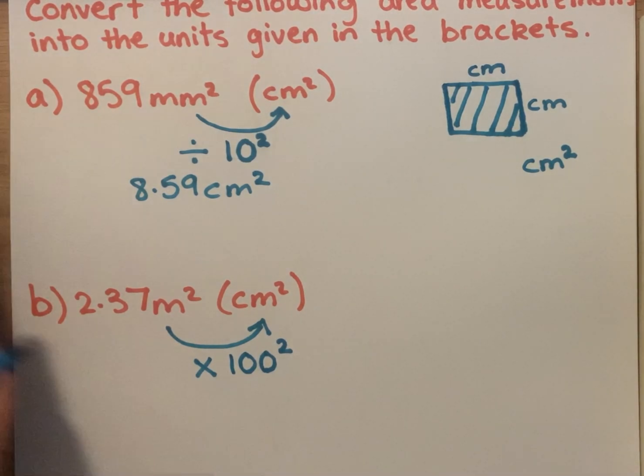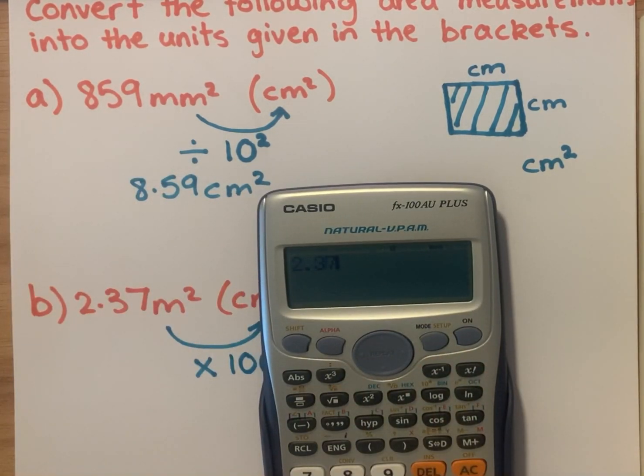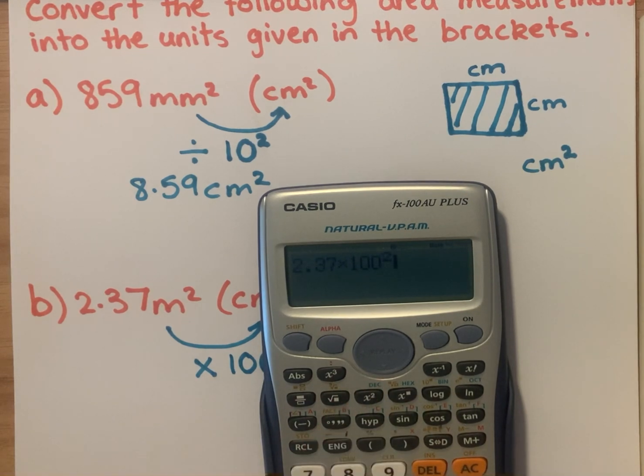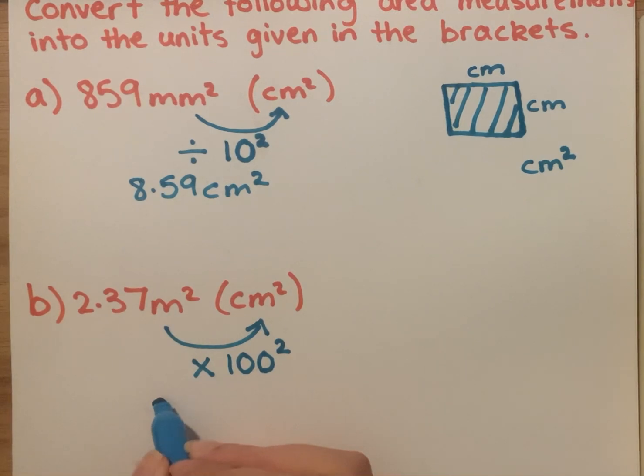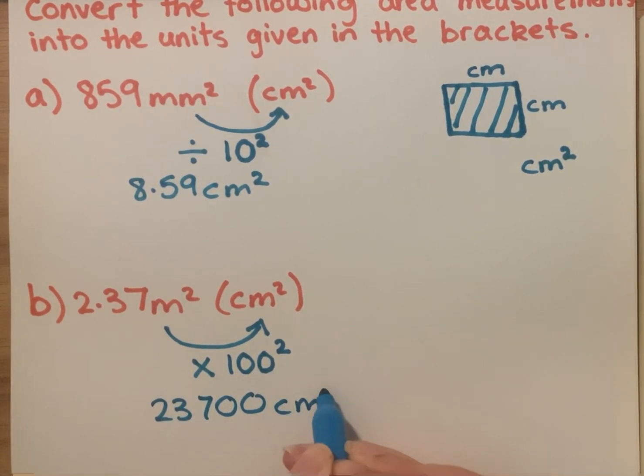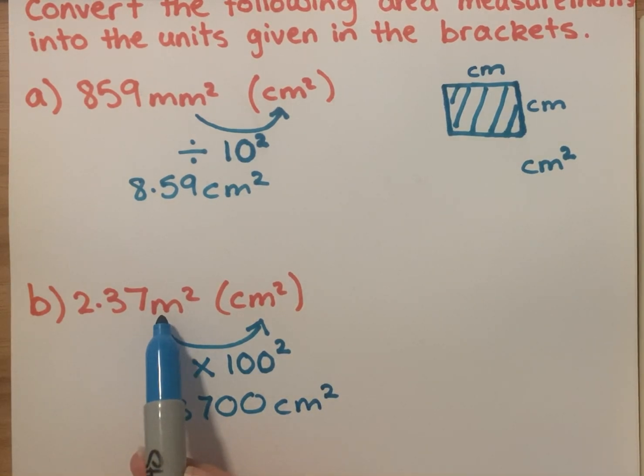So 2.37 times 100 squared is 23,700. So 2.37 square meters is the same as 23,700 square centimeters.